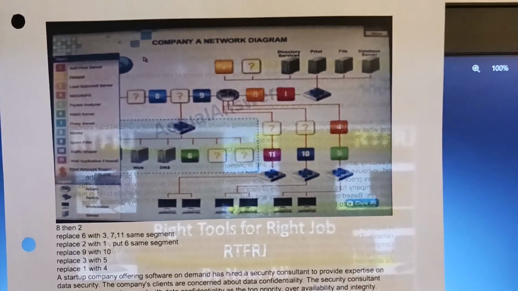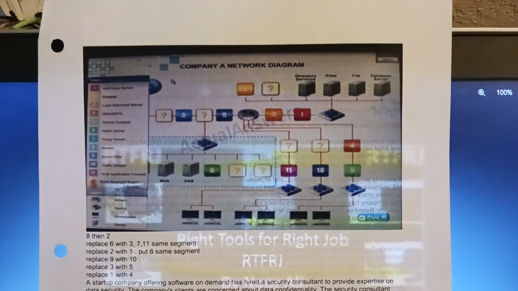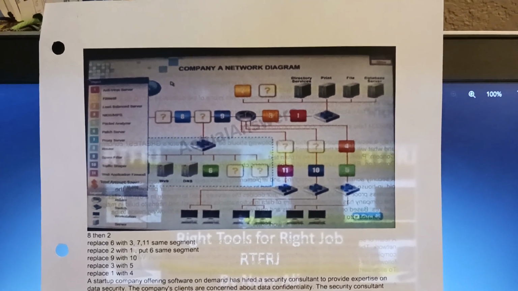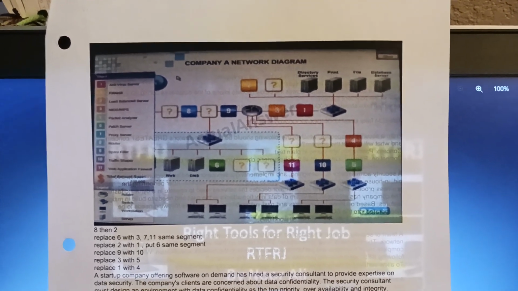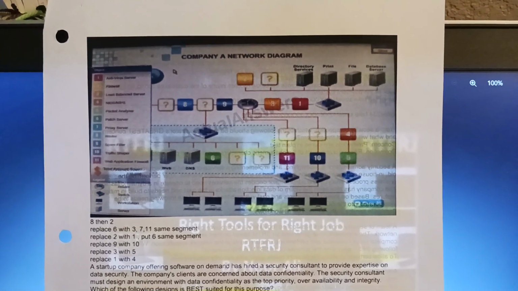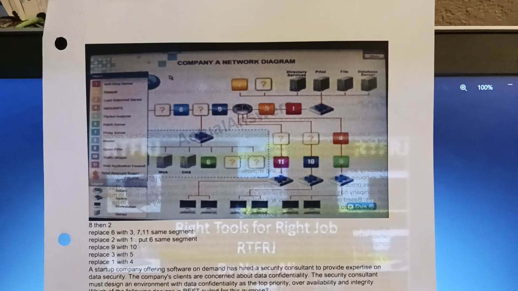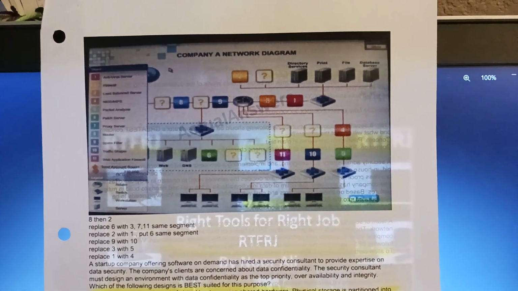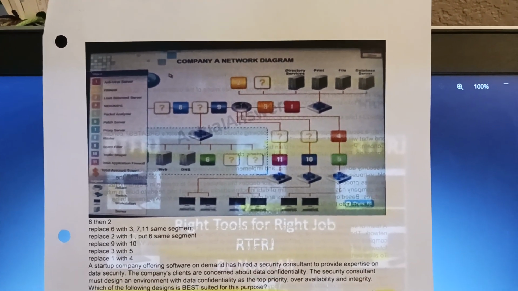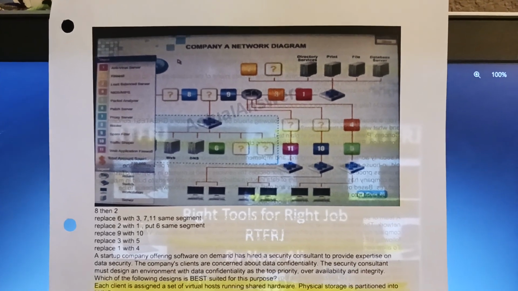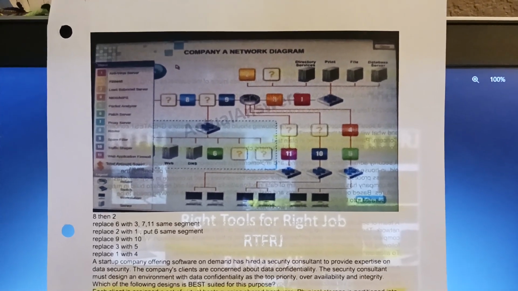But anyway, we'll focus on a simulation later on this week. So by now you guys should know what simulations are. It's basically using hands-on skill set on any device, it could be any technology, it could be any manufacturer. CompTIA does that.